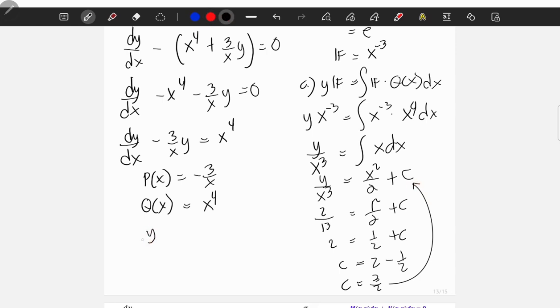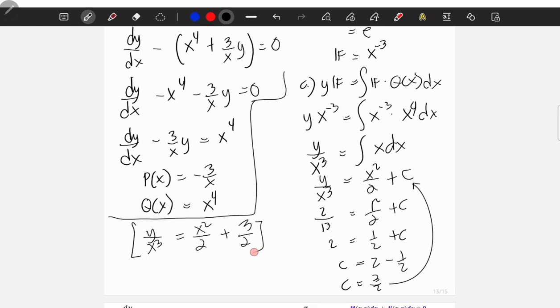So y over x cubed equals x squared over 2 plus c is now 3 over 2. Then, to eliminate the denominator 2 and x cubed, we multiply both sides by 2x cubed.